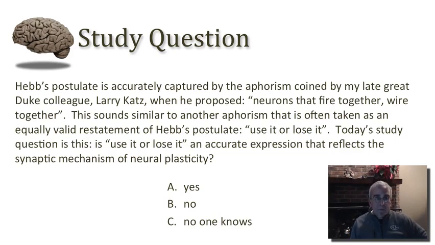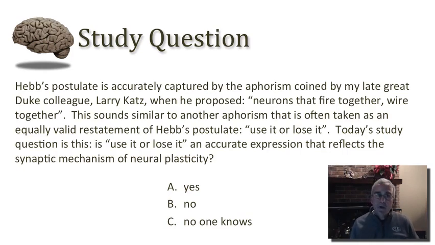Well, this is a wonderful phrase to take away from this tutorial, and perhaps it sounds familiar to an aphorism that you may know. That aphorism is use it or lose it. And this might appear to be a valid restatement of Hebb's postulate, but this is the question I want you to consider, and perhaps even kick it into the discussion forum and share your thoughts about it.